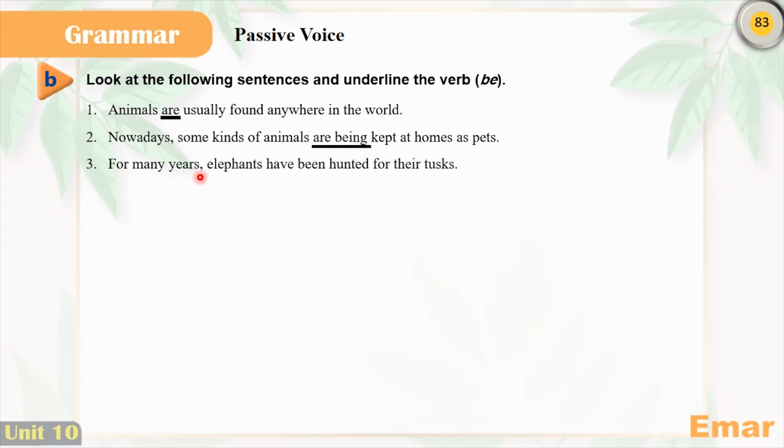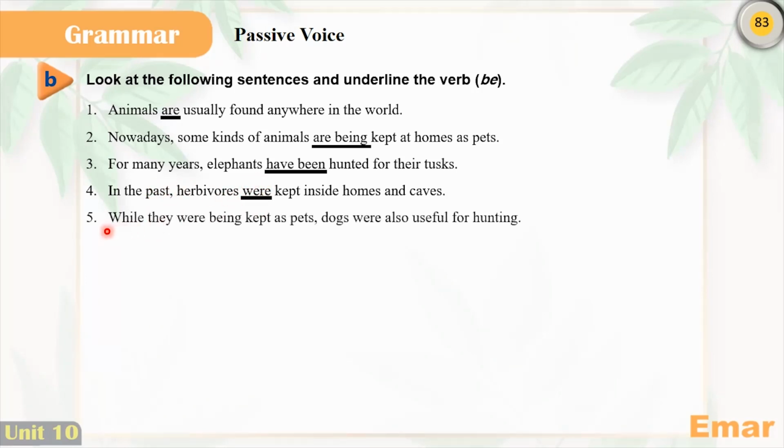Number 3. For many years, elephants have been hunted for their tusks. The verb be is have been. Number 4. In the past, herbivores were kept inside homes and caves. In the past. So the verb be is were. Number 5. While they were being kept as pets, dogs were also useful for hunting.